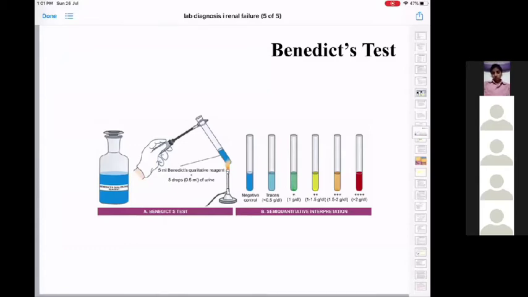If traces, the color is slightly bluish, and if glucose is present in the urine, then green, yellow, pink or red. This is the sequence, with 1+, 2+, 3+ and 4+ indicating the presence of glucose in the urine. Here you see the semi-quantitative interpretation of the Benedict test.